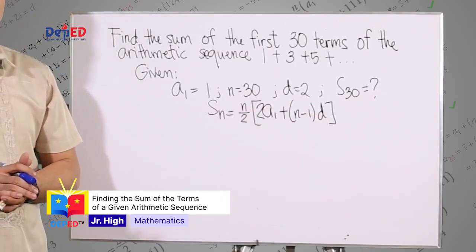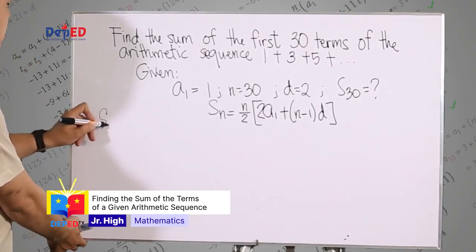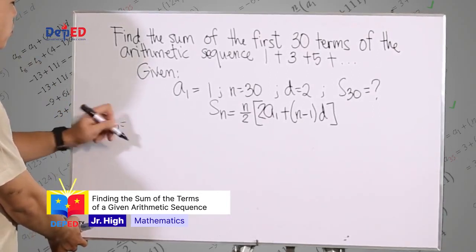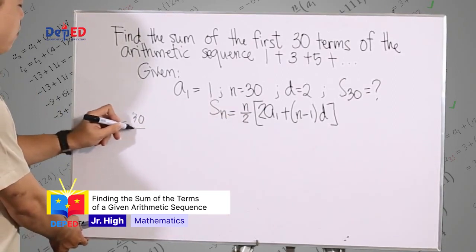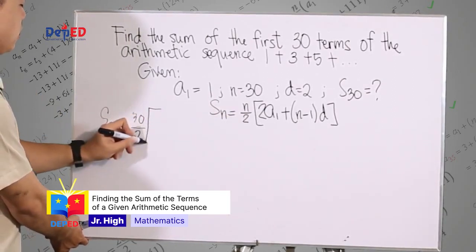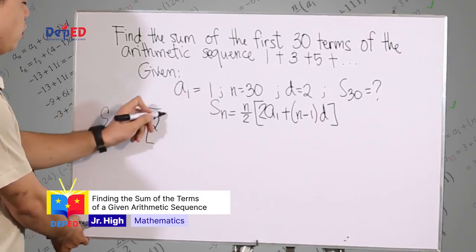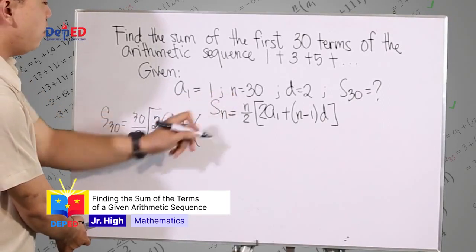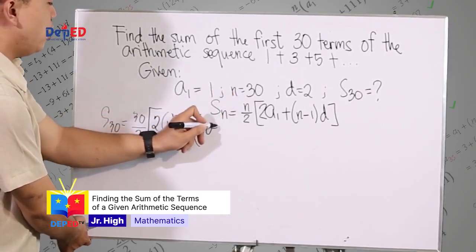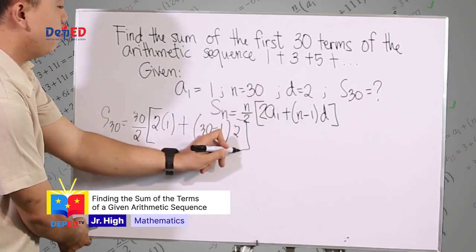Substituting the values in the formula, we will get S sub 30 is equal to, our n again is 30 divided by 2 times the quantity 2 times a sub 1, which is 1, plus our n again is 30 minus 1 times the difference 2.